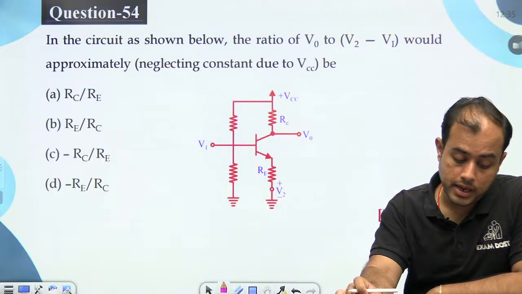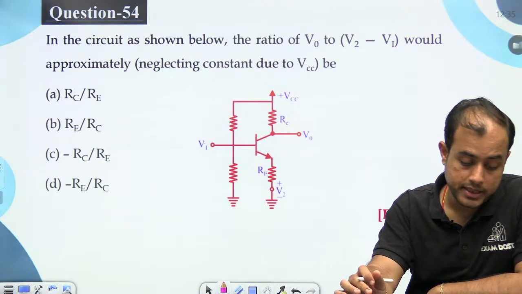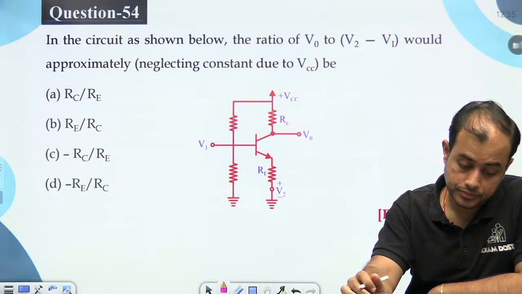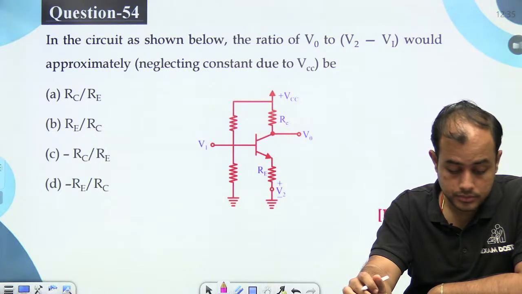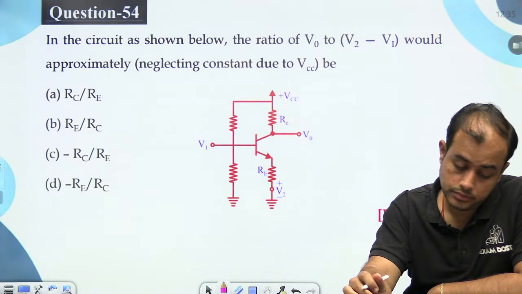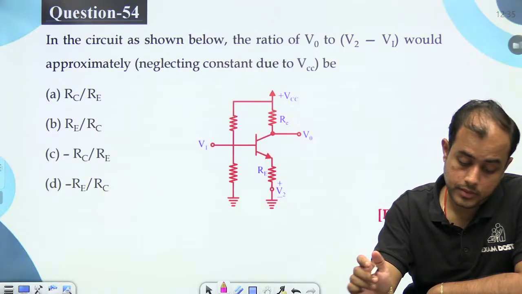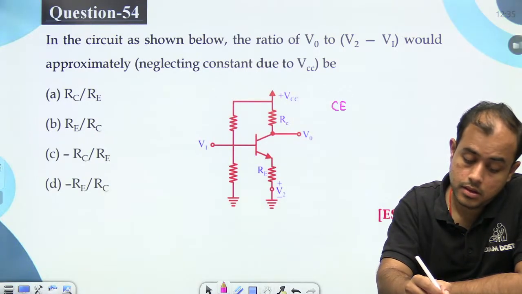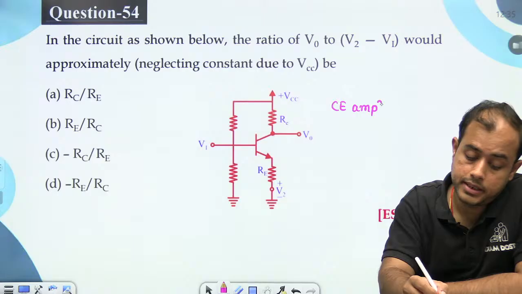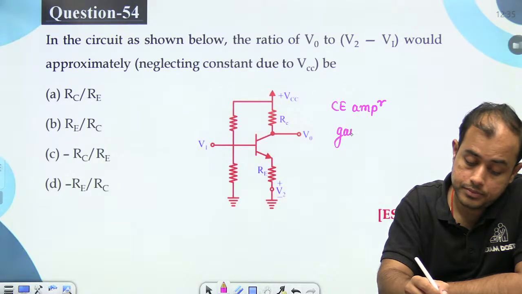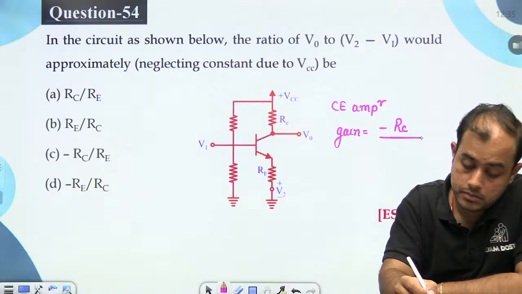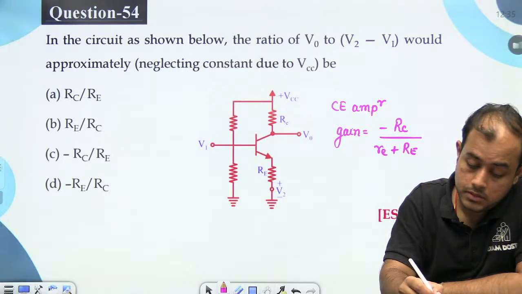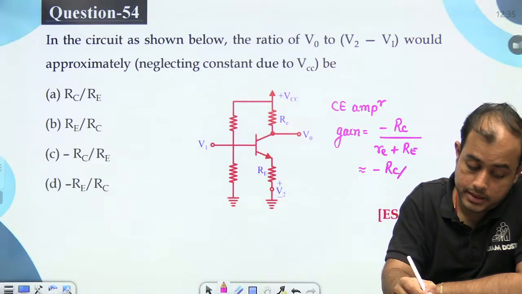V0 is V2 minus V1. V2 is basically 0. This is common emitter amplifier. So gain is minus RC by RE.